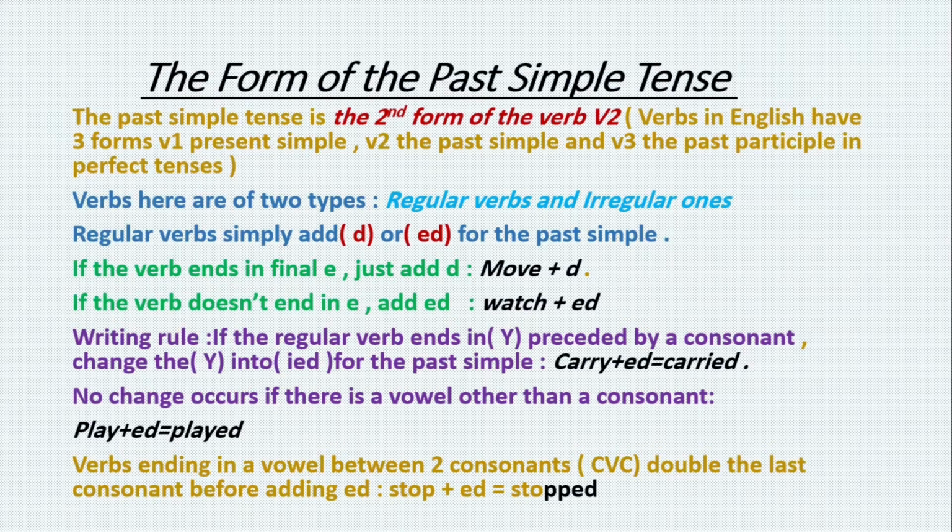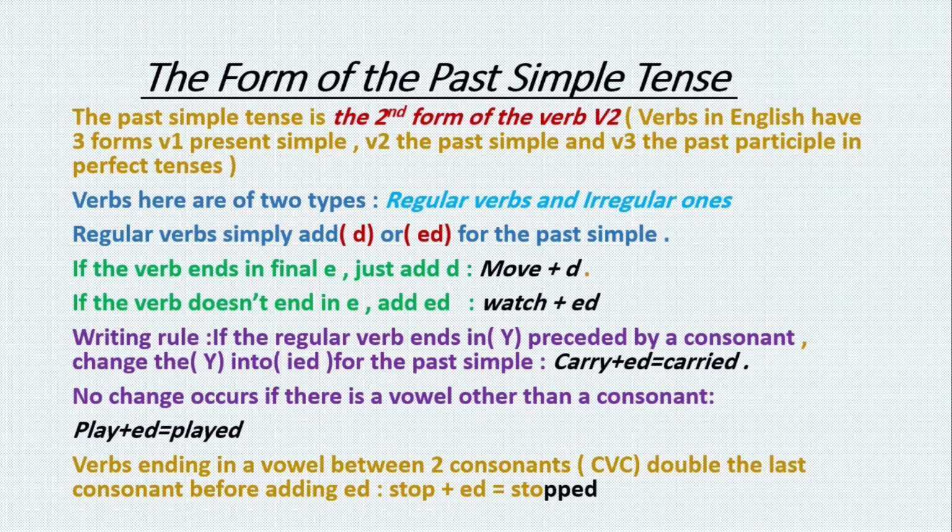And if the regular verb does not end in e, add ed completely, like watch, watched, like want, wanted, like wash, washed, and others. So regular verbs simply add ed if there is no final e in the verb, or d if there is a final e in the verb.